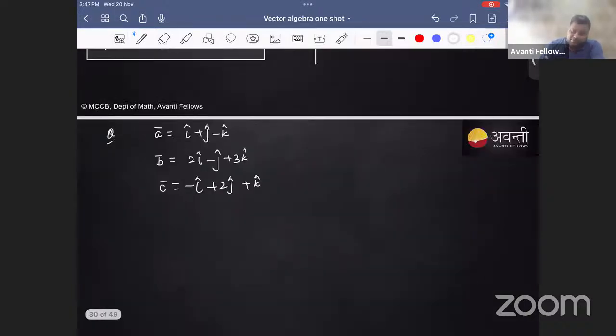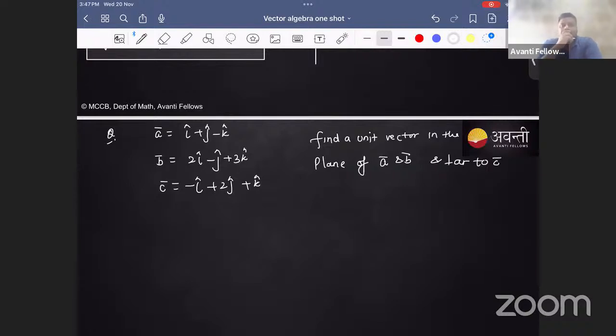Now they are asking you to find a unit vector in the plane of A and B and perpendicular to C.